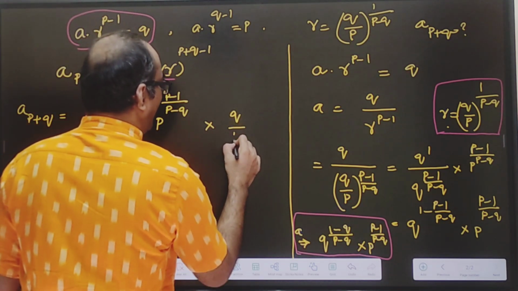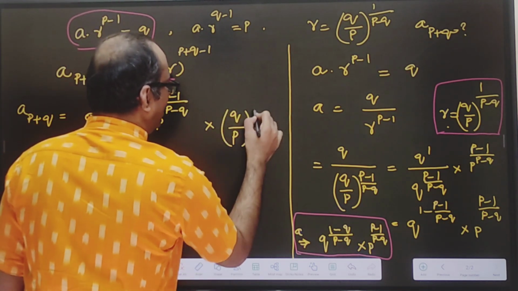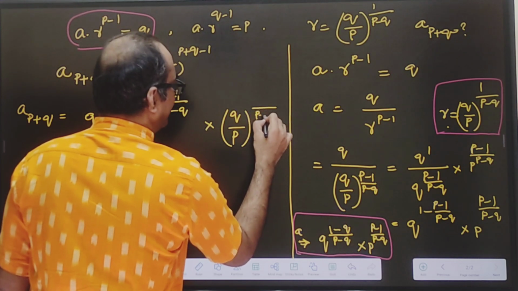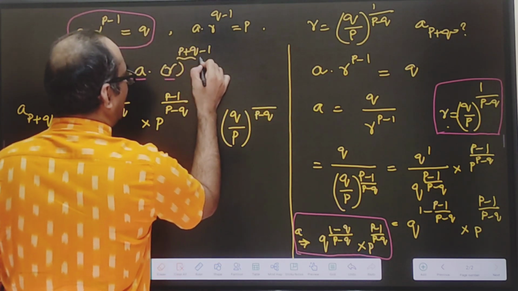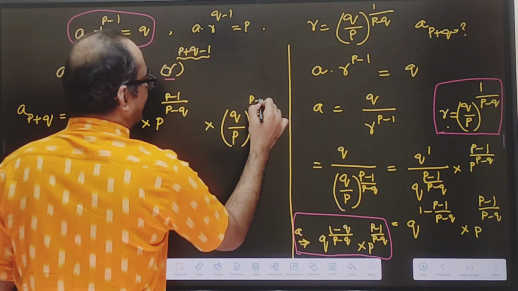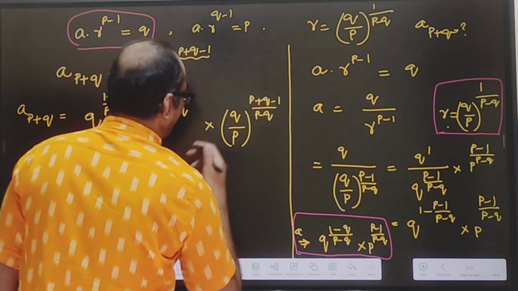What is our R? R is (q by p) to the power of 1 by (p minus q), and we are raising it to the power of p plus q minus 1. So p plus q minus 1 will come here.